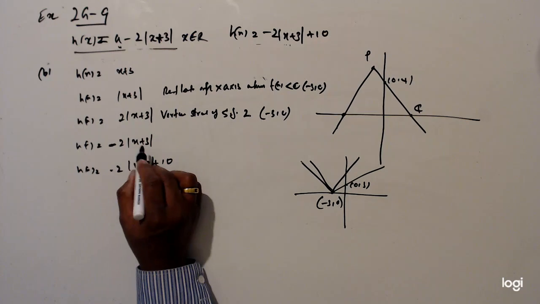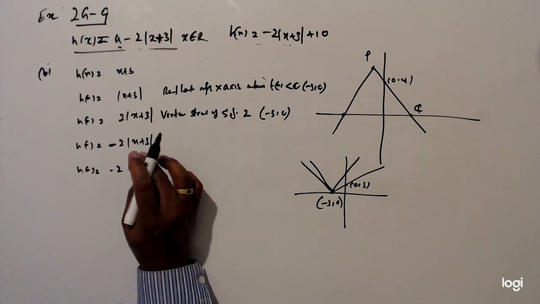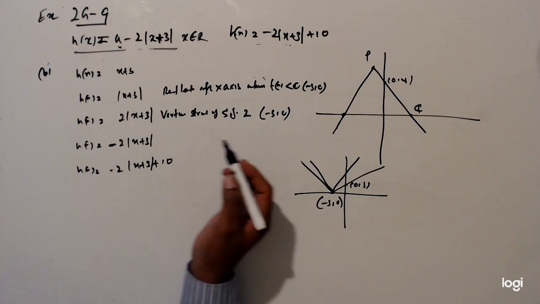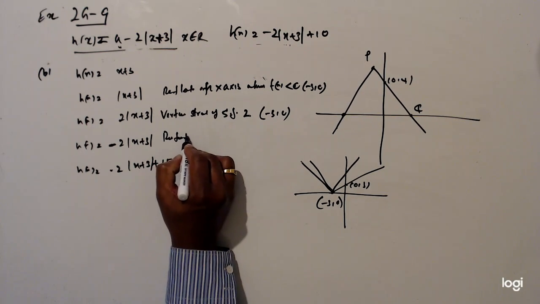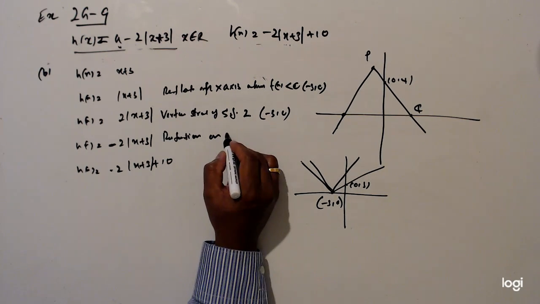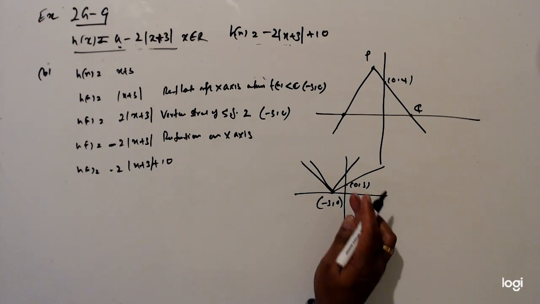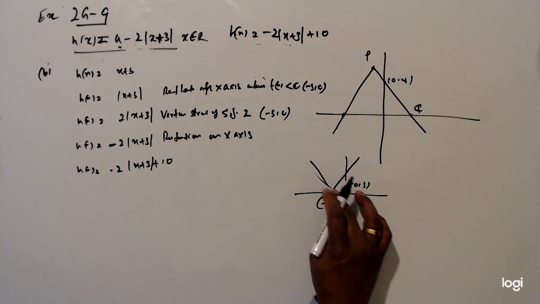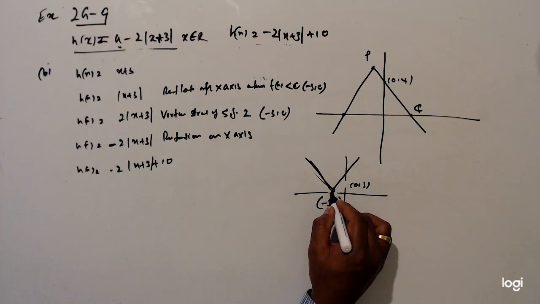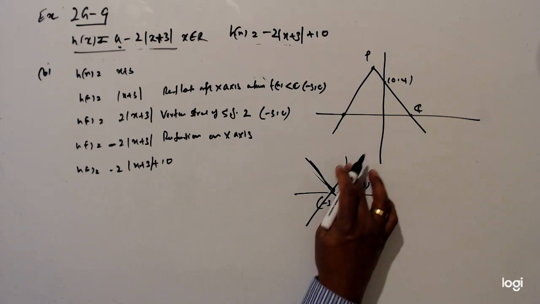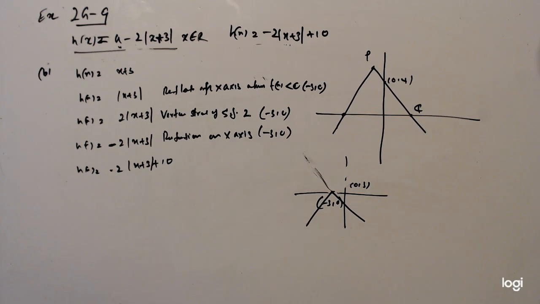It means turn all the y positive to negative, negative to positive. So then this is going to be a reflection on the x-axis. Now this one becomes here and this one becomes here. So still minus 3, 0.